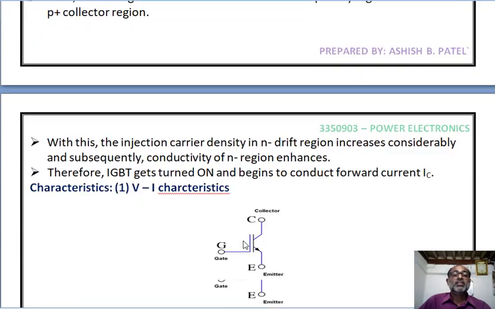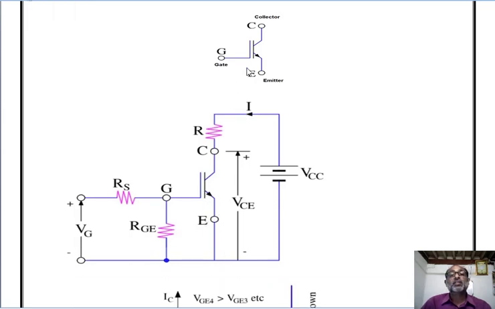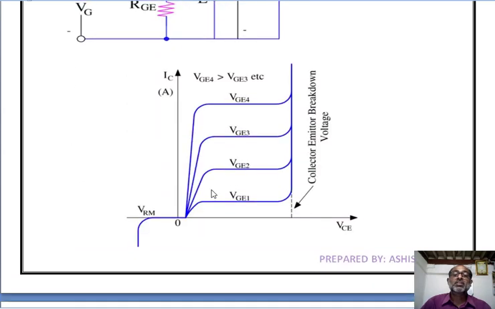Now let us see the characteristics. There are two types of characteristics of this IGBT. First is called the VI characteristics, and another is the transfer characteristic. Now this is the symbol and this is the practical circuit to draw the VI characteristics and the transfer characteristics. First let us see the VI characteristics.